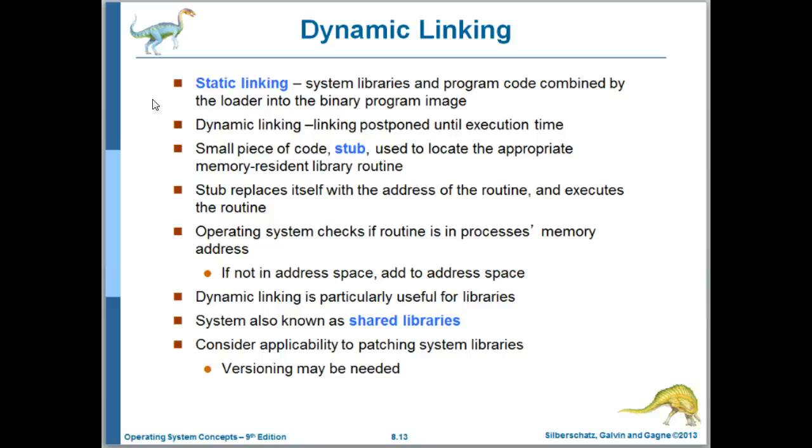Problems with static linking are that you have multiple copies of these libraries sitting out on disk, consuming extra disk space, and if a static library changes, then all the programs that were built with those static libraries have to be recompiled. In addition, when those programs are brought into memory, you have extra copies of those libraries sitting in memory, wasting memory.